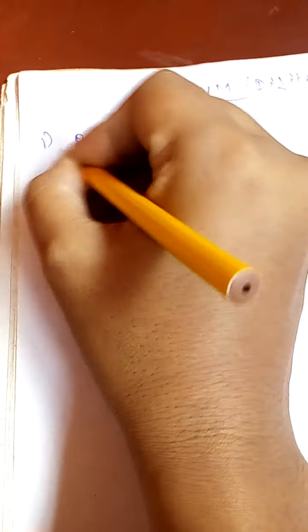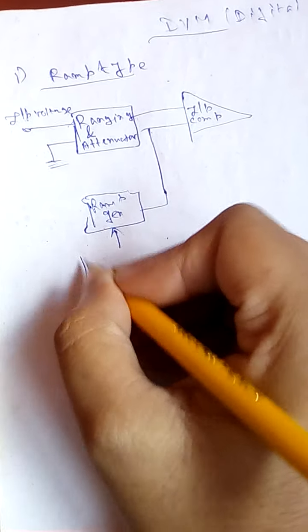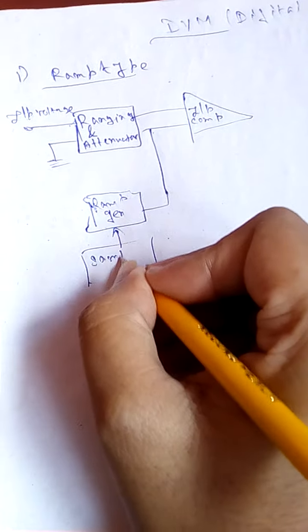This goes to the input comparator, which compares the input signal. There is also a ramp generator, which is generated from a multivibrator. Here there is another comparator, called the ground comparator.